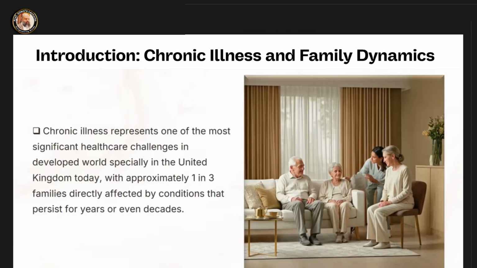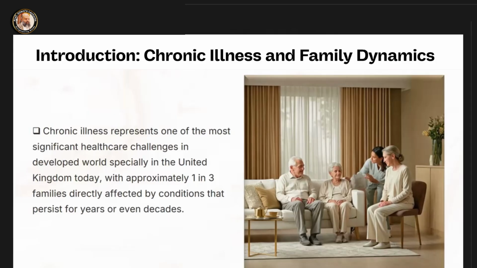These long-term health challenges do not exist in isolation. They fundamentally reshape family structures, routines, and relationships, requiring a comprehensive approach to care that extends beyond the individual patient.